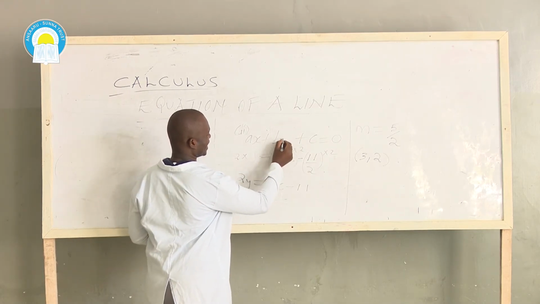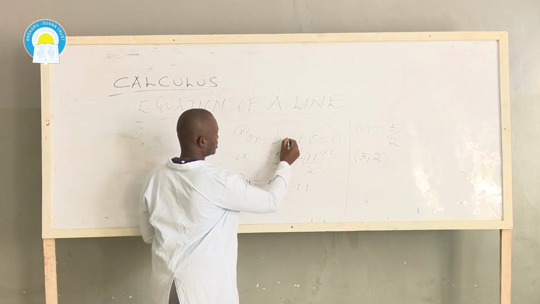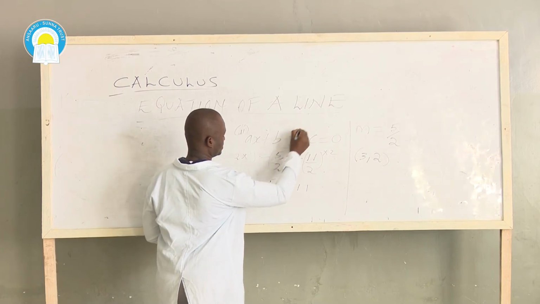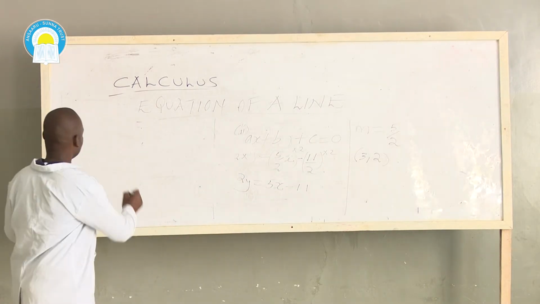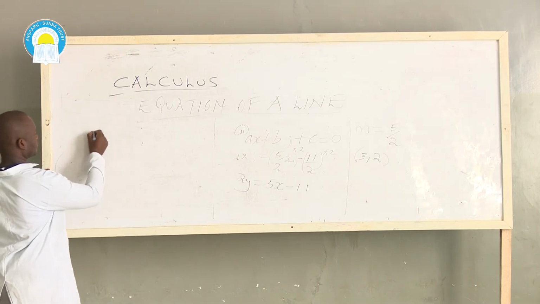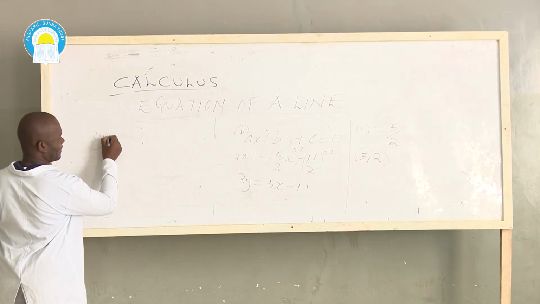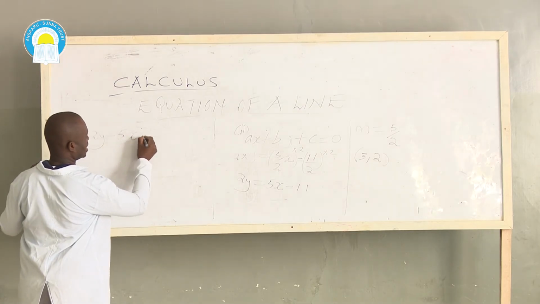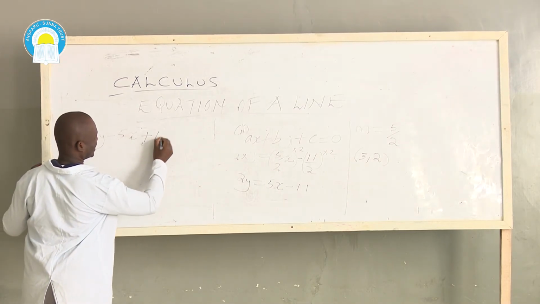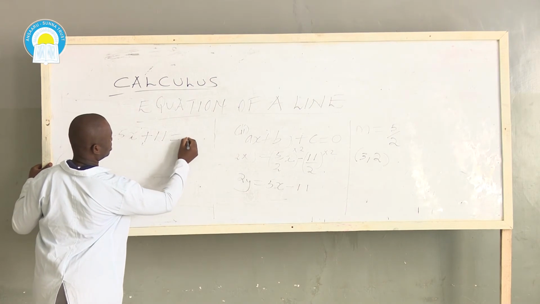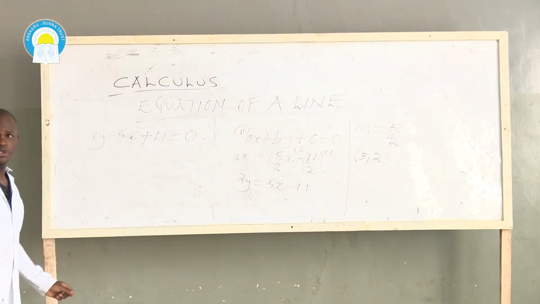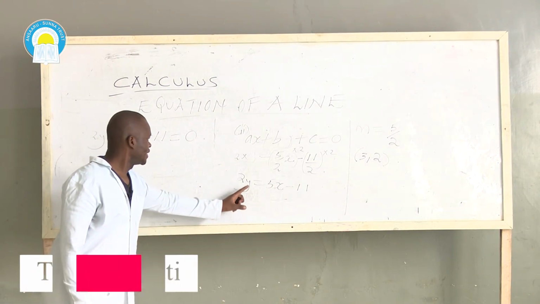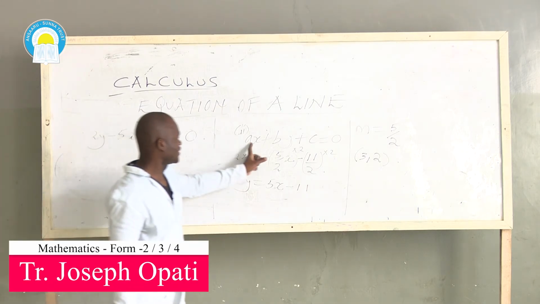So we shall have 2y minus 5x plus 11 is equal to 0. So we now have our equation in that format.